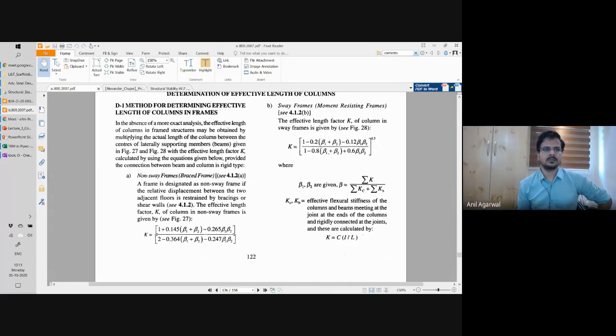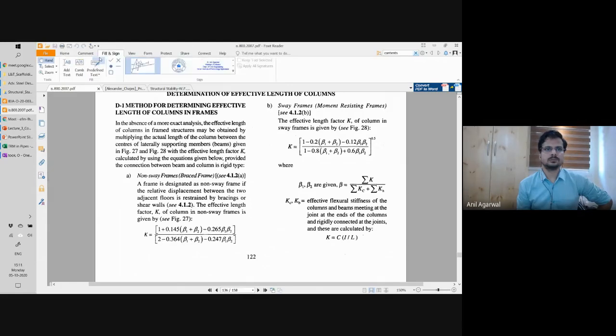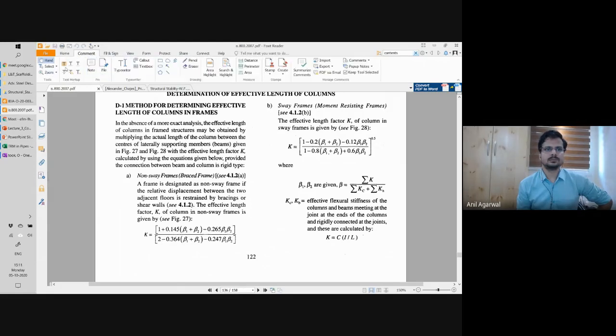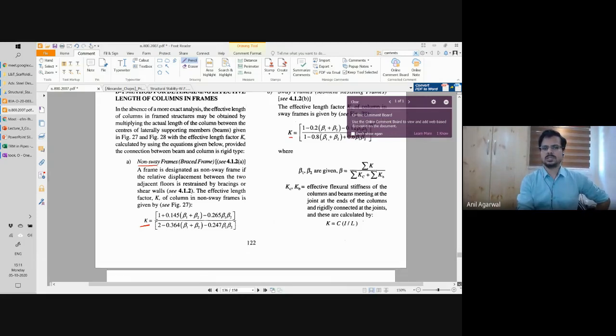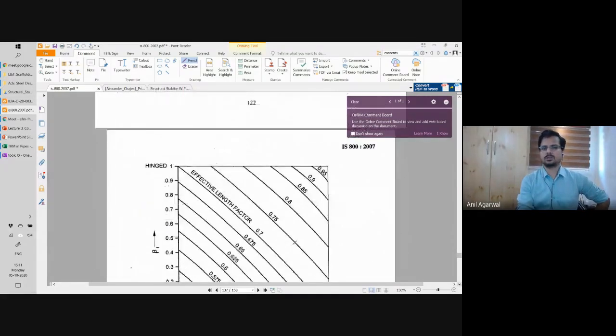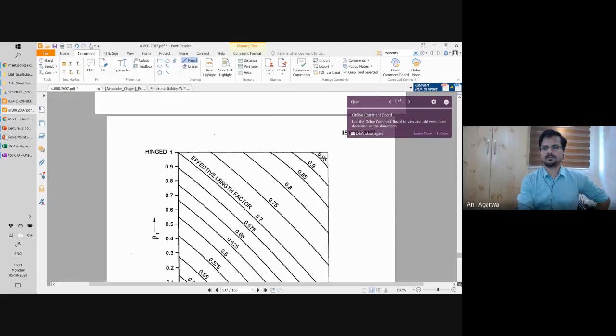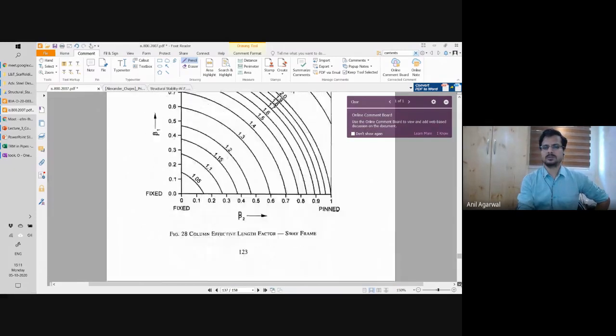This K, and let's see if I can get it. So this is K for a sway frame, this is for a non-sway frame, the K value. And this depends on beta 1 and beta 2. Instead of this equation, you can also use these charts if you know the beta 1 and beta 2 values. Okay.